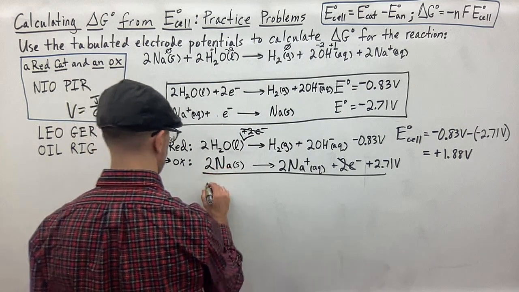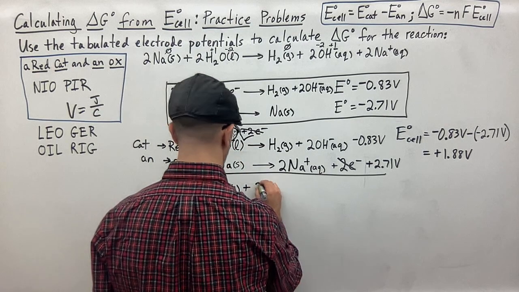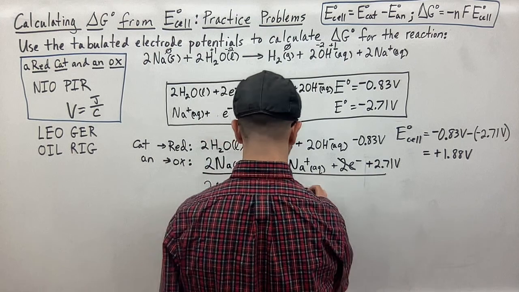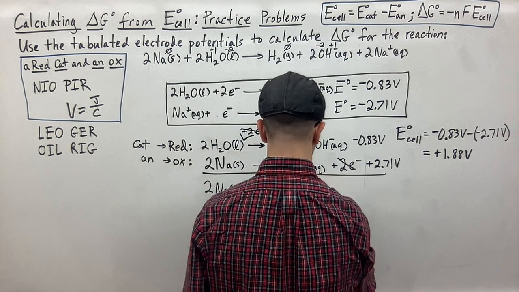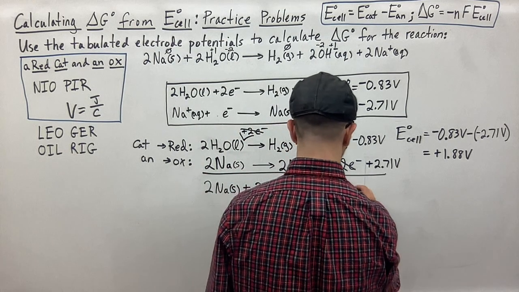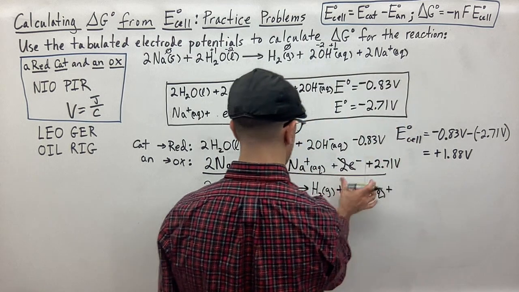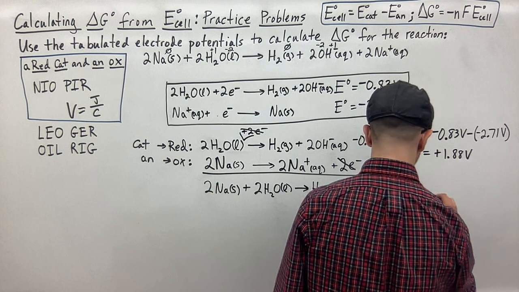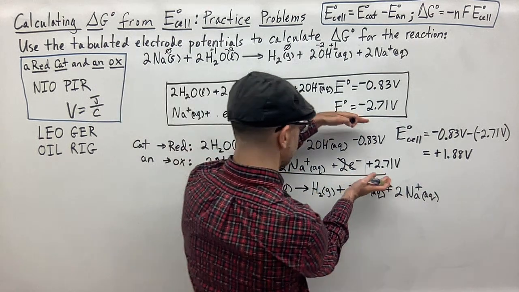We get the 2 sodium solid plus the 2 water, H2O liquid, and that's going to give us H2 gas, plus the 2 OH minus aqueous plus our 2 sodium ions aqueous.